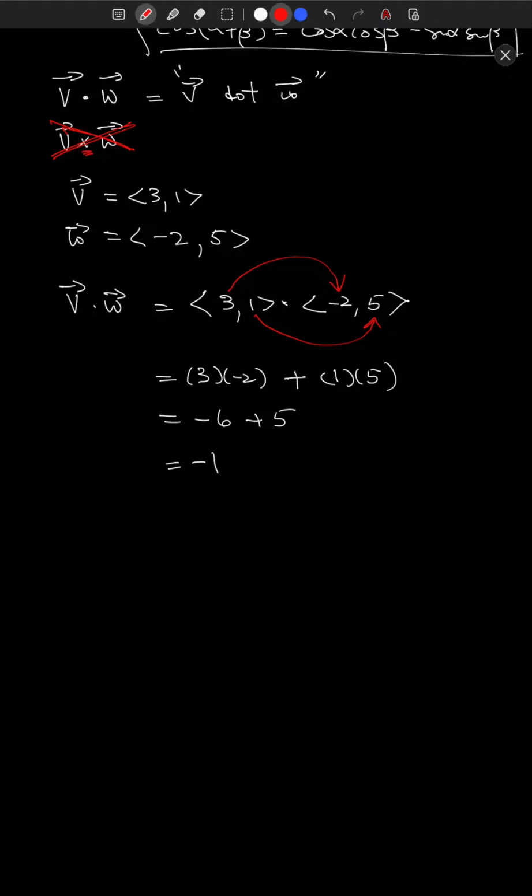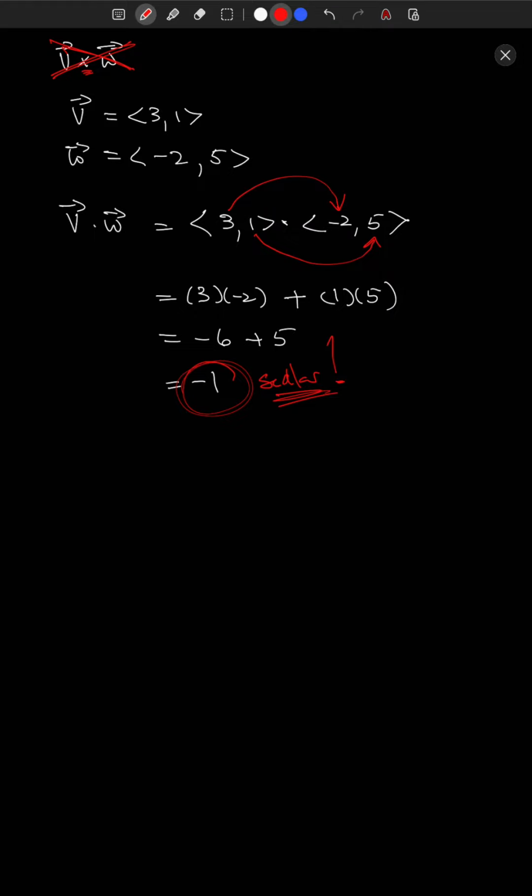One thing you'll notice that's very, very important is that this is a scalar, this is a number. So this is where the dot product is very different from what we usually think of as products. Because normally if I have 3, which is a number, and I have 5, which is a number, 3 times 5 is 15, which is also a number. But here I have v, which is a vector, I have w, which is a vector, but when I take the dot product of them, I get a scalar.